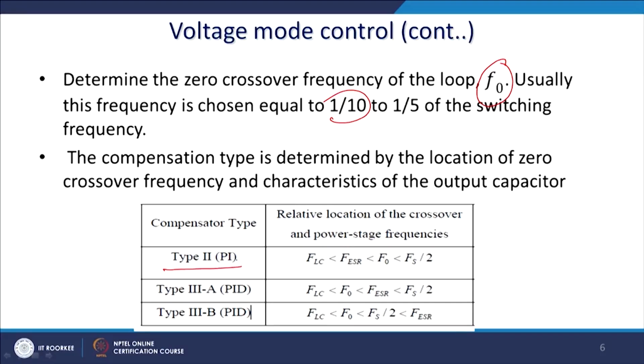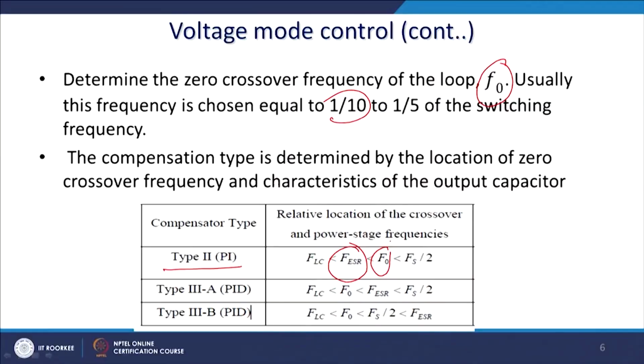This is a compensation type, where the ESR frequency is required to be greater than FLC, and FLC should be less than the cutoff frequency of this PI controller, and that should be at least more than twice the switching frequency as prescribed by the Nyquist criterion.